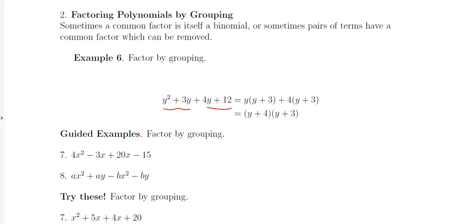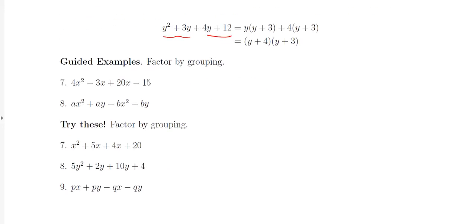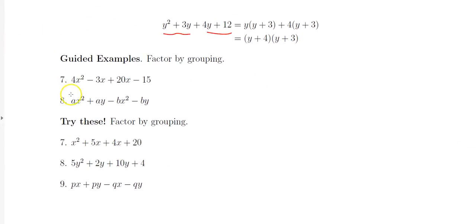So in our guided examples, I'm going to use that same procedure, and in example 7, I'm going to take a look at a common factor from the first two terms, the 4x squared minus 3x, and the second two terms, the 20x minus 15. And I see that I have an x that's a common factor from the first two terms, and I have to multiply by 4x minus 3 to get the 4x squared minus 3x back.